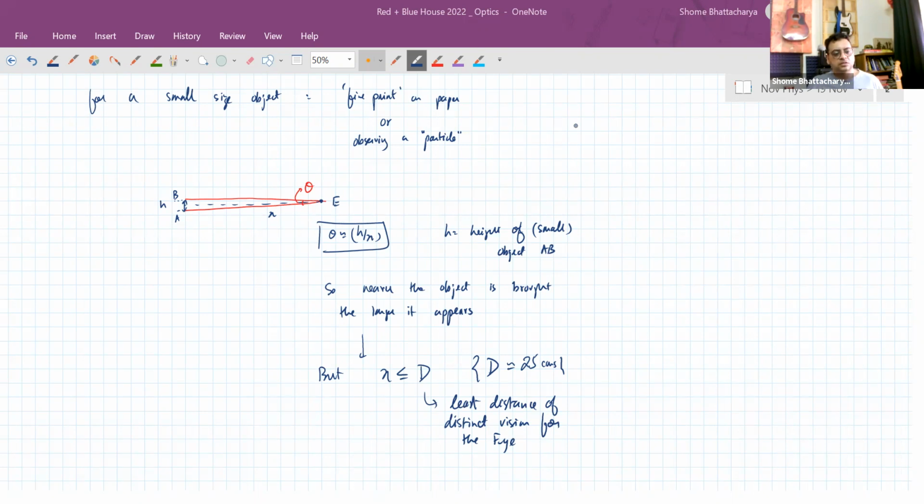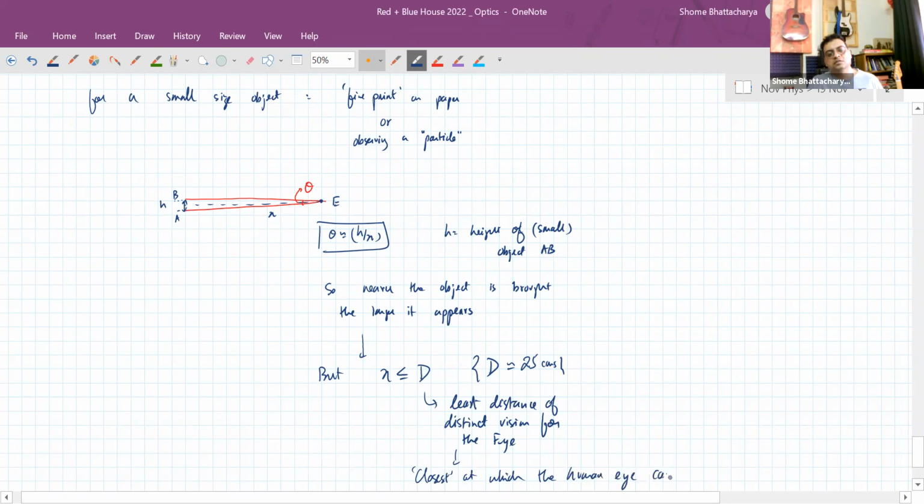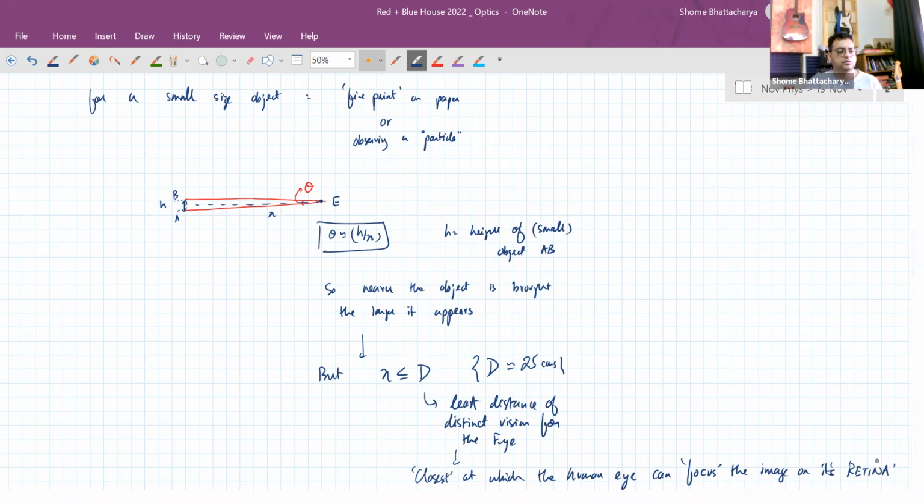So this is the closest at which the human eye can successfully focus the image on its retina. Bring it any closer and the image cannot be focused properly on the retina, so the vision is not proper. It will appear blurry, not like a sharp image. That is the inherent limitation of the human eye.